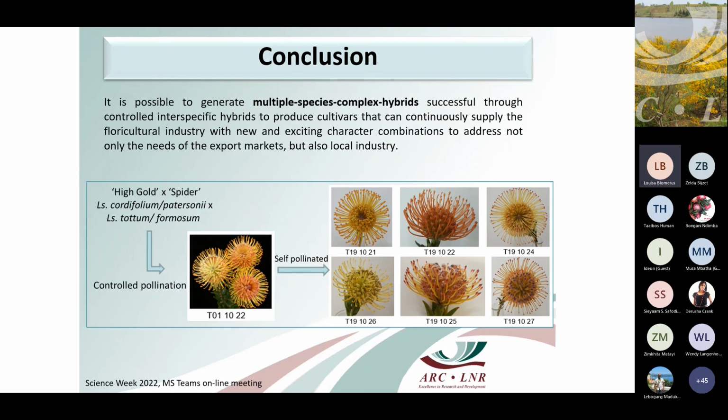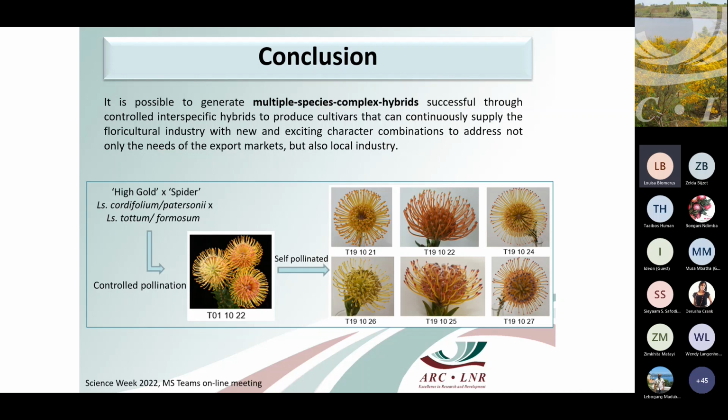Conclusion: Tybos gave you a very nice explanation on inheritance. So what we also do is we take a complex parent, for instance, in this case, the High Gold cultivar, which was crossed with Spider as the father, and then we got this nice hybrid about 5 years later.